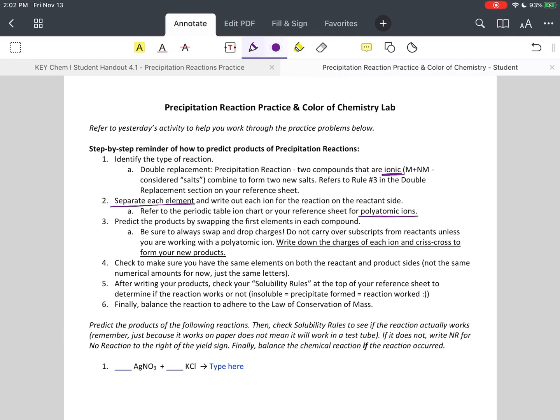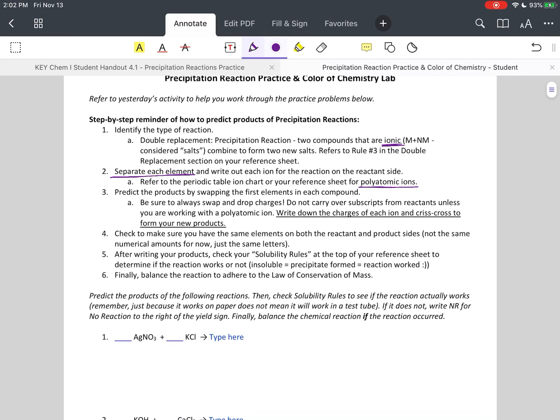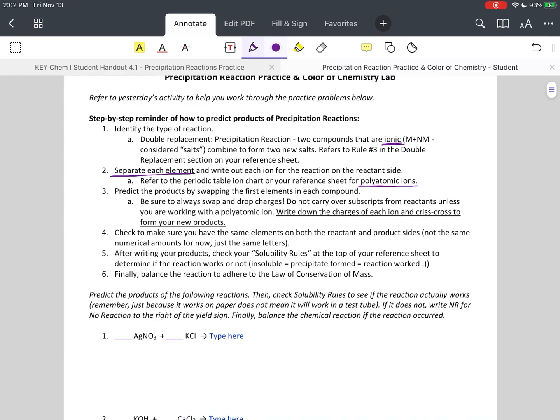So for our first step for number 1, I'm just going to write down my ions. I want to make sure I know their charges, because like I said, that is very important when we get ready to predict our products.